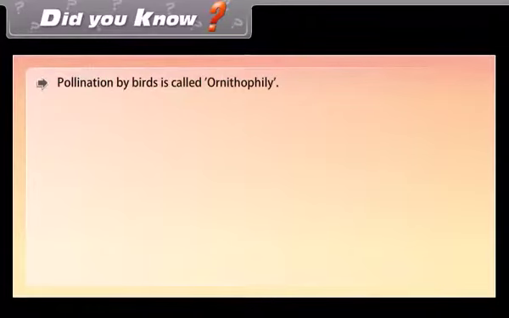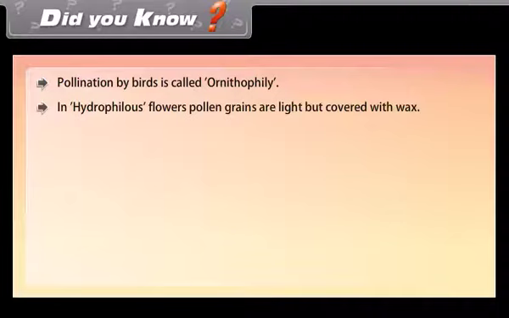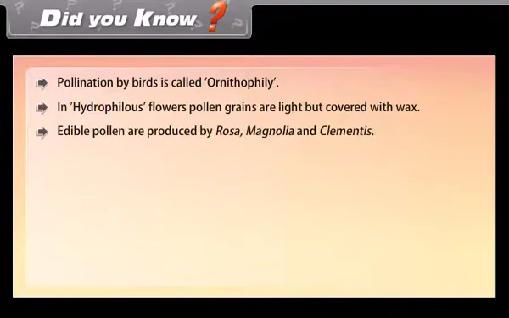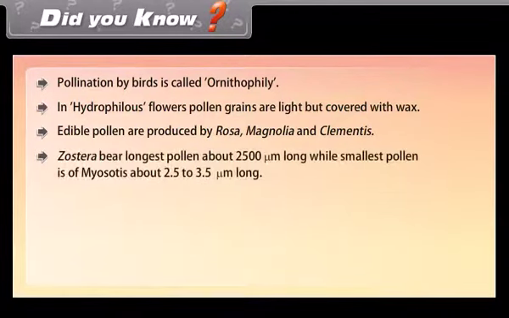Did you know pollination by birds is called ornithophily? In hydrophilous flowers, pollen grains are light but covered with wax. Edible pollen are produced by Rosa, Magnolia and Clematis. Zostera bears the longest pollen, about 2500 μm long, while the smallest pollen is of Myosotis, about 2.5 to 3.5 μm long.